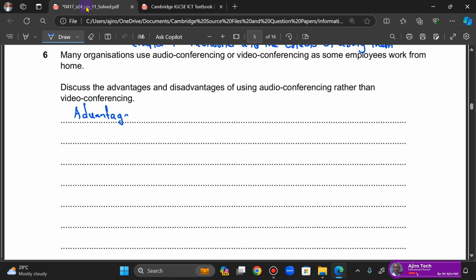The first advantage is you can do other tasks because it's audio. Nobody's seeing you.